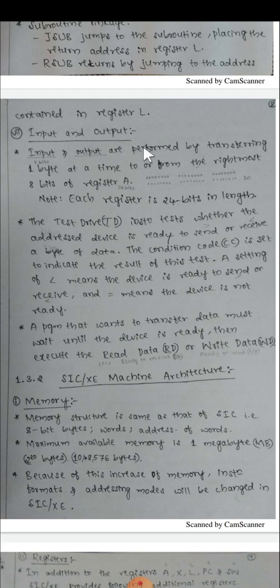Okay, so input and output operations are performed by transferring 1 byte of data at a time to or from the rightmost 8 bits of register A.